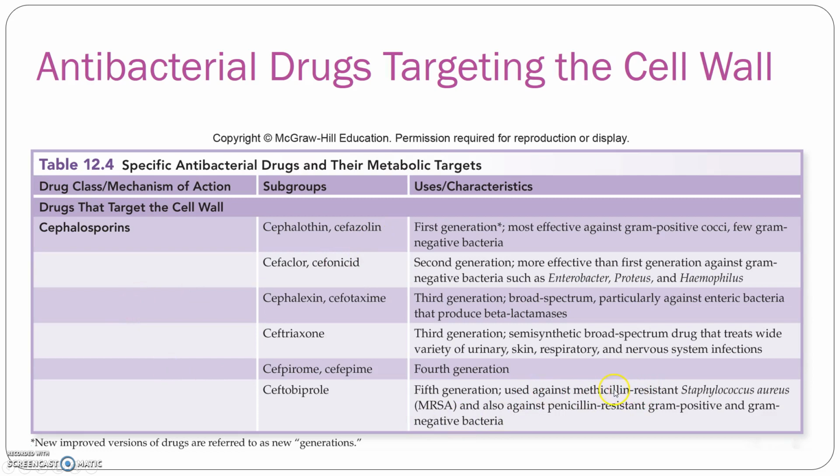Nowadays, now that we have methicillin-resistant Staph aureus, we have a fifth generation of drugs, and so now the common cephalosporin that's prescribed especially against MRSA is ceftobiprole. Okay, so if you notice, it's easy to recognize the cephalosporins. They all start with CEF.